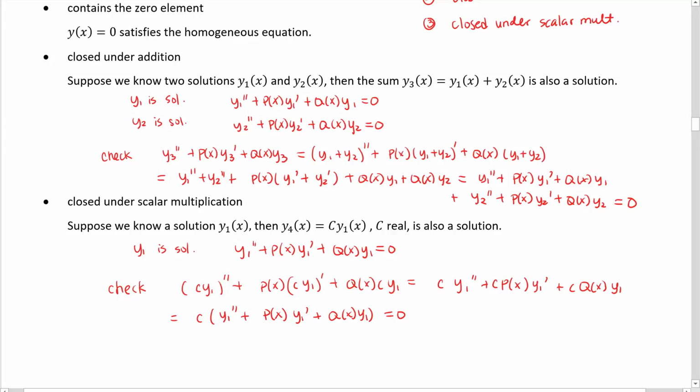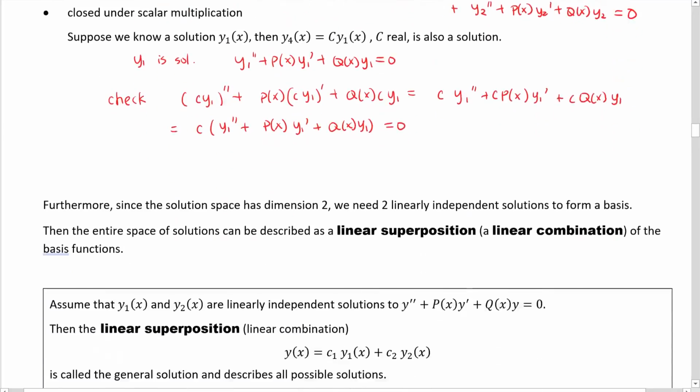That's why y4 is also a solution. So the solution space contains the 0 element, so it's non-empty, it's closed under addition, and it's also closed under scalar multiplication. So it is in fact a vector space.